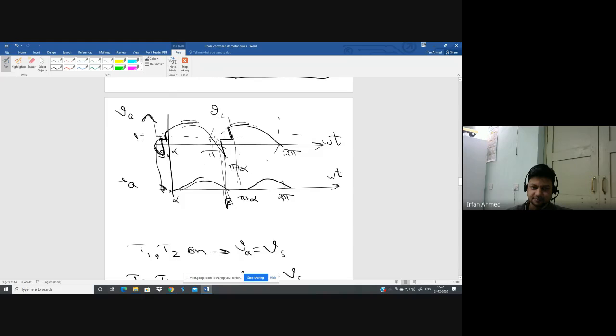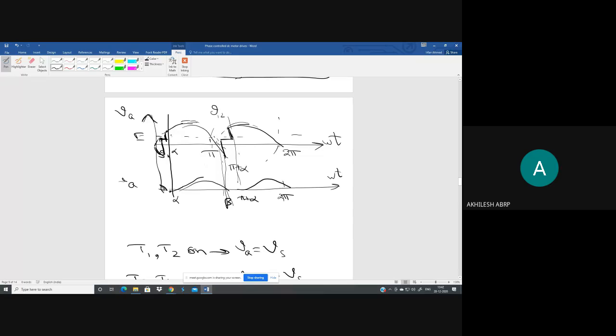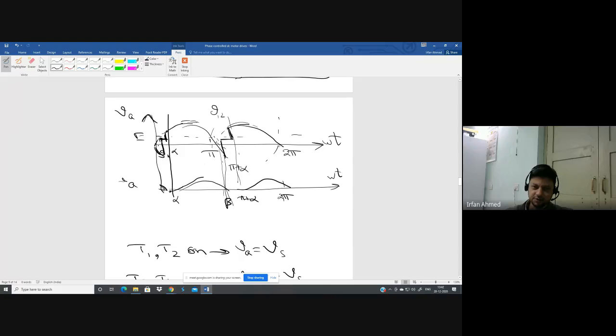Vm sin omega t is the same function from alpha to pi plus alpha. If you take 0 to pi, then you will have 3 integrations: one for Vm sin omega t, one for E, and one for minus Vm sin omega t. But if you take from alpha to pi plus alpha, you have only 2 integrations: one for Vm sin omega t and one for E. That is why we will take one cycle from alpha to pi plus alpha.